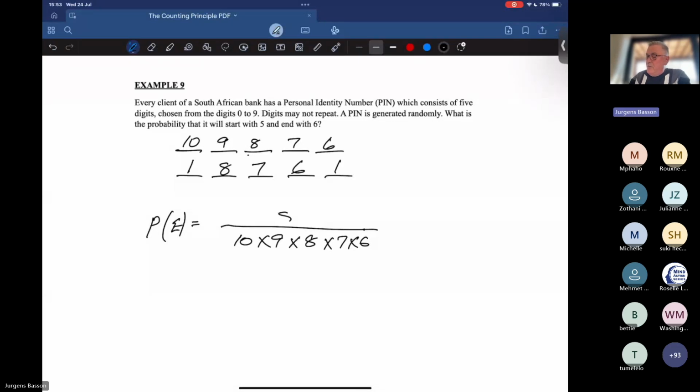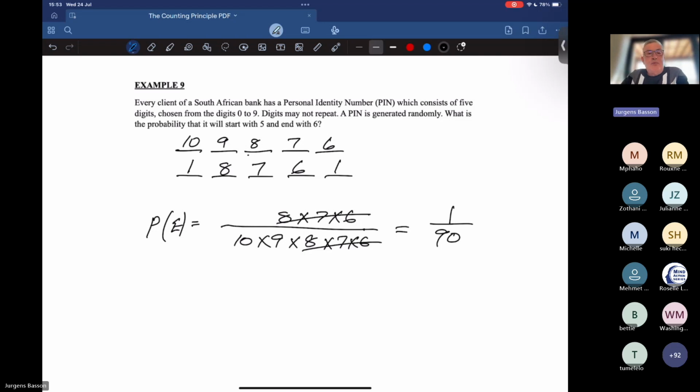You see my numerator? 8 times 7 times 6. Now, the moment you get this, it's quite easy to do, because the 8, 7, 6 will cancel because it's multiplication, and your answer is 1/90. And it works out quite easily that way. Otherwise, they can just calculate it on their calculators.